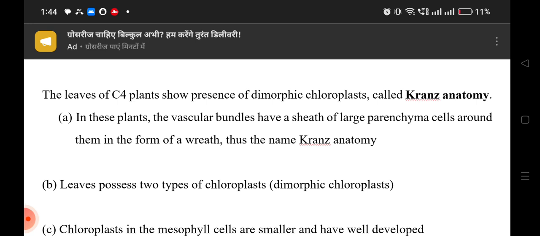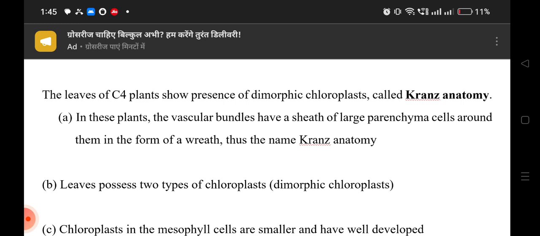The leaves of C4 plants have dimorphic chloroplasts. Dimorphic means there are two types of chloroplast. The term morphic represents change in forms, and this is called the Kranz anatomy.